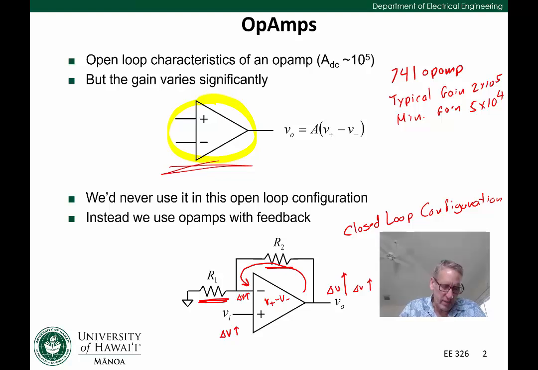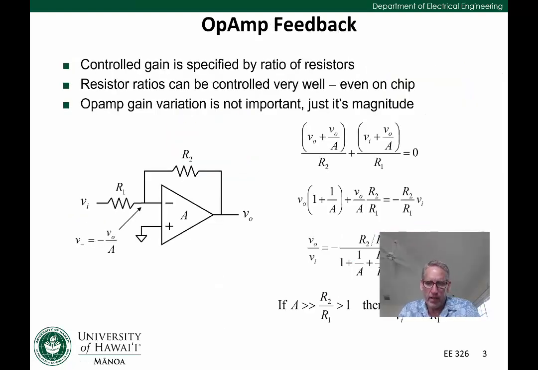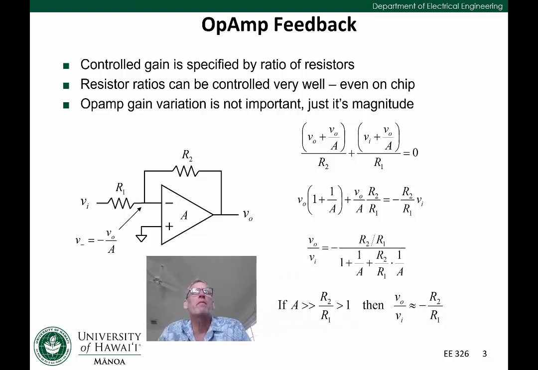Okay, so let's talk more about this. And you've seen feedback before. This is an example here, right? This is the inverting amplifier. Our input is VI going into R1 into the negative terminal. Our output is VO.